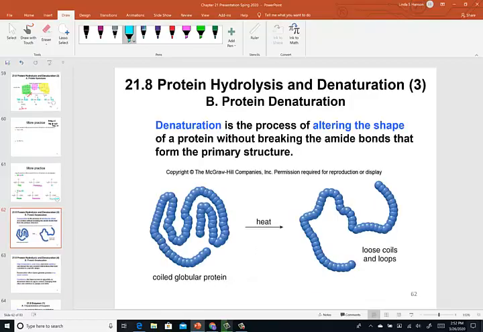All right, good work. So denaturation is the process of altering the shape of a protein without breaking the amide bonds. So with denaturation, we're not separating individual amino acids.